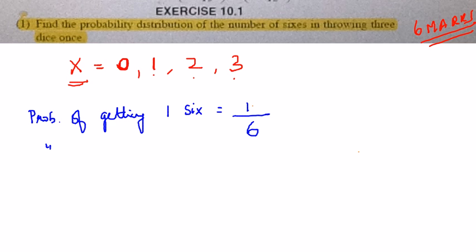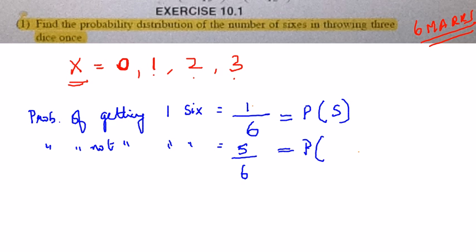So the probability of not getting a 6 is going to be the failure of this, which is 1 minus 1 by 6, which is 5 by 6. So I can write it as the probability of getting a 6 is 1 by 6, and the probability of not getting a 6, I'm denoting it as ns.